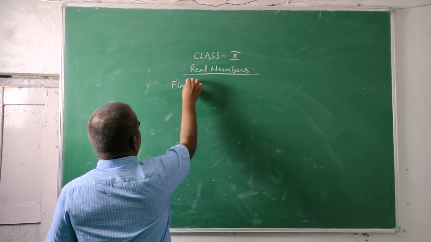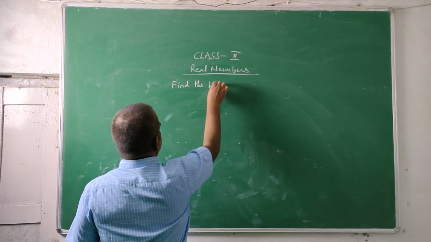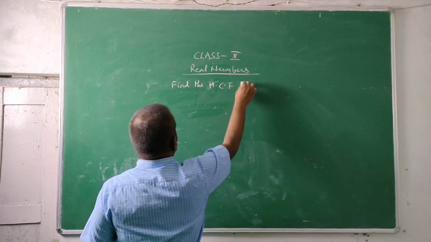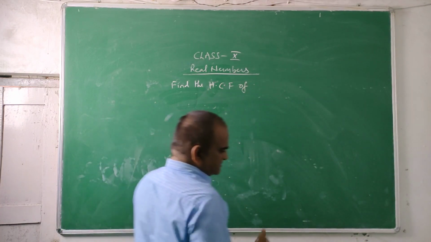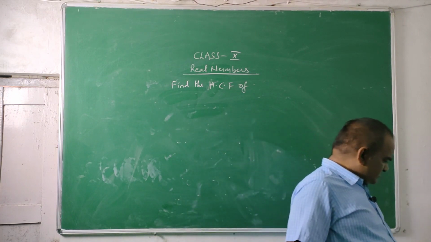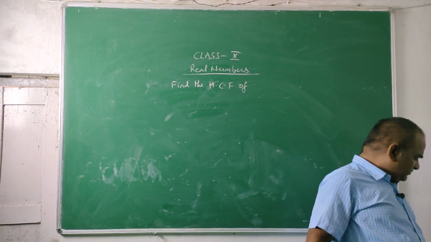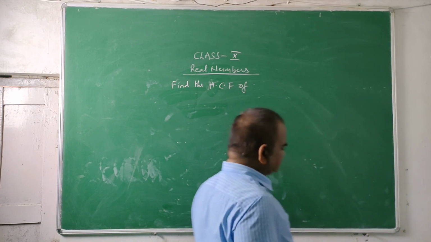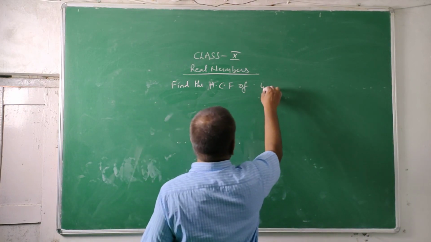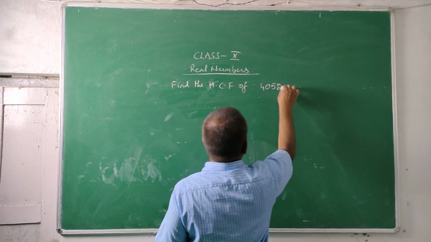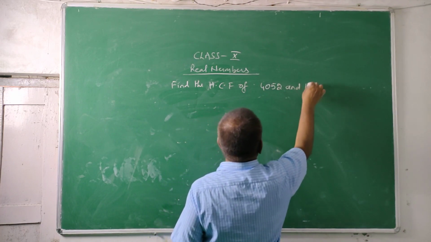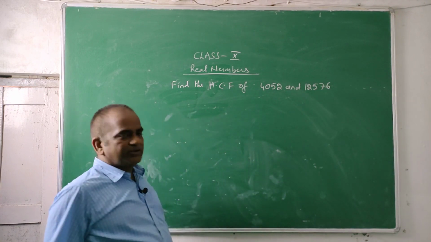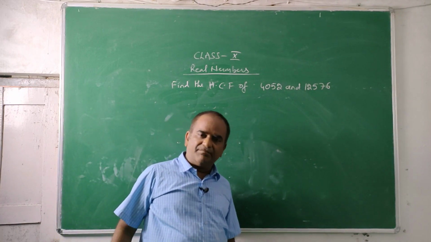Find the HCF of 4052 and 12,576 using Euclid's division lemma, right?